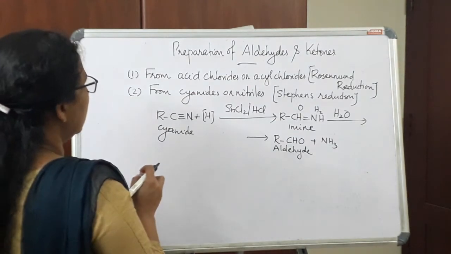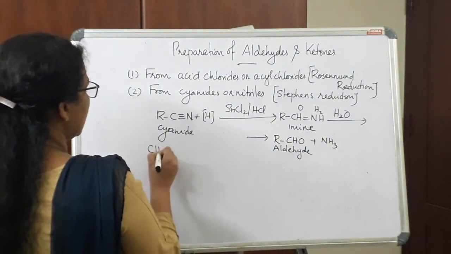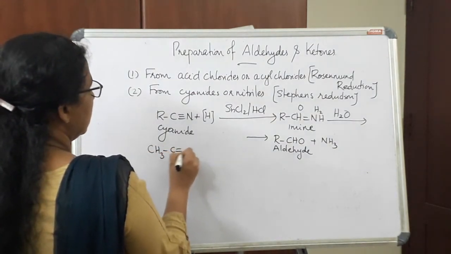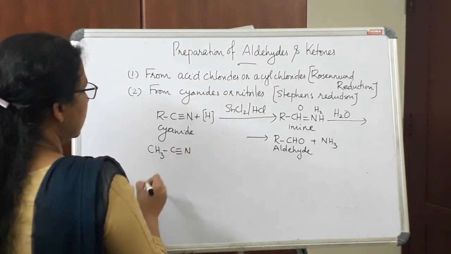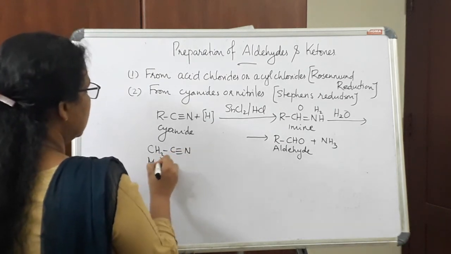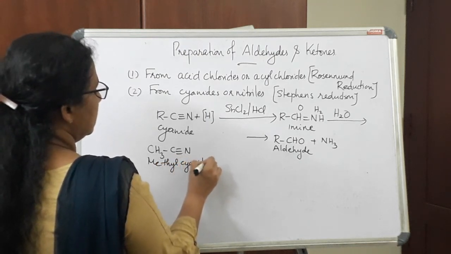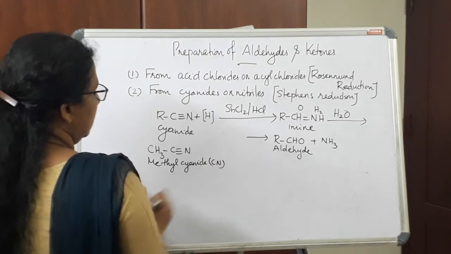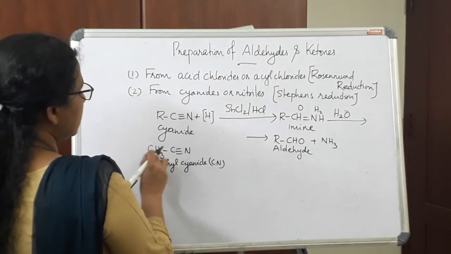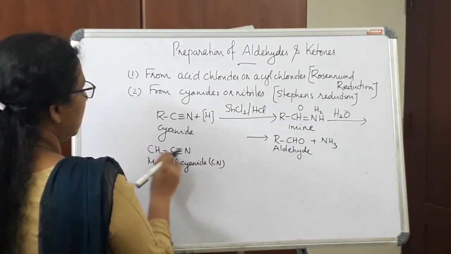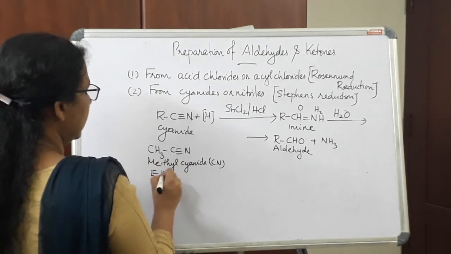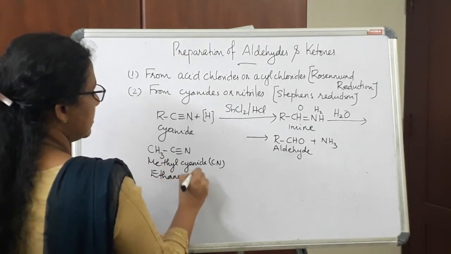Now let us write an example. CH3CN is methyl cyanide. That is actually the common name. The IUPAC name is, since two carbon atoms are there, ethane nitrile.